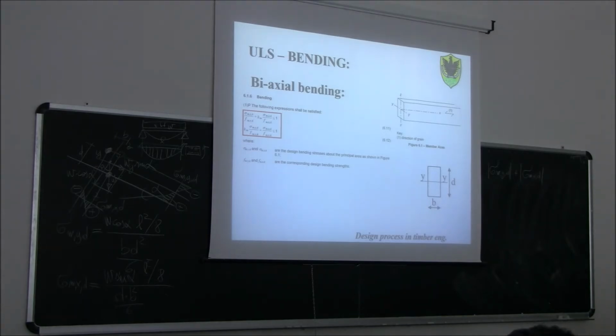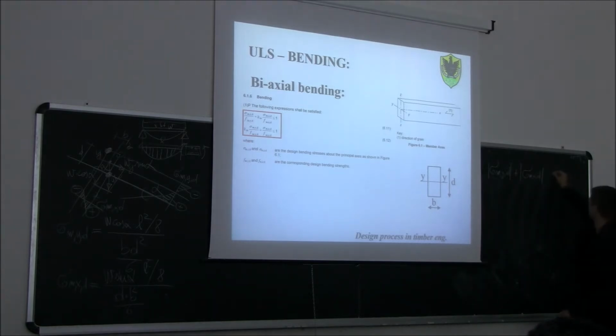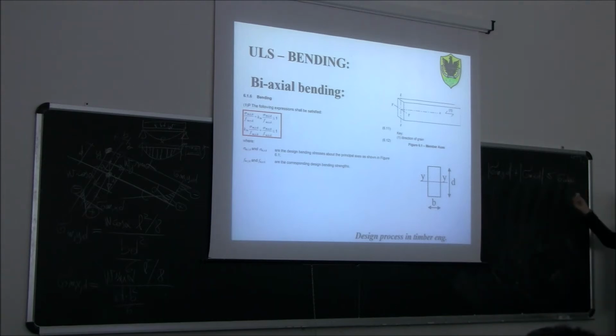Once I found the total stress, what do I need to do with this total stress? We have to check if it is less or equal to the resistance strength. This is what we were used to do, right? Okay, now, if you look here, the formulation is slightly different.